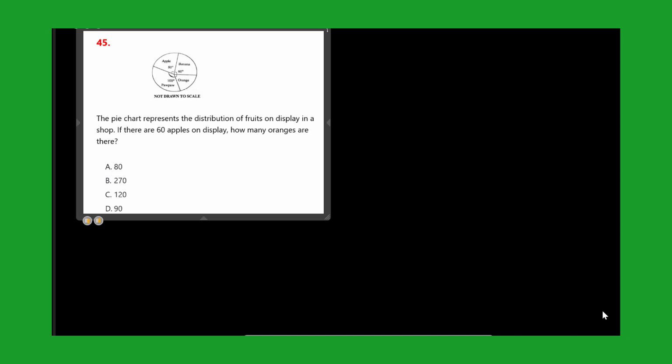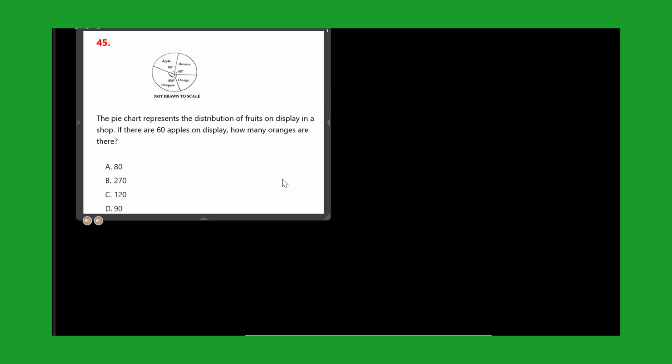In question 45, the pie chart represents the distribution of fruit on display in a shop. If there are 60 apples on display, how many oranges are there? From this question, we are not given the total fruit in the shop. We are only given the number of apples on display. So first of all, we are going to find the total fruit in the shop.